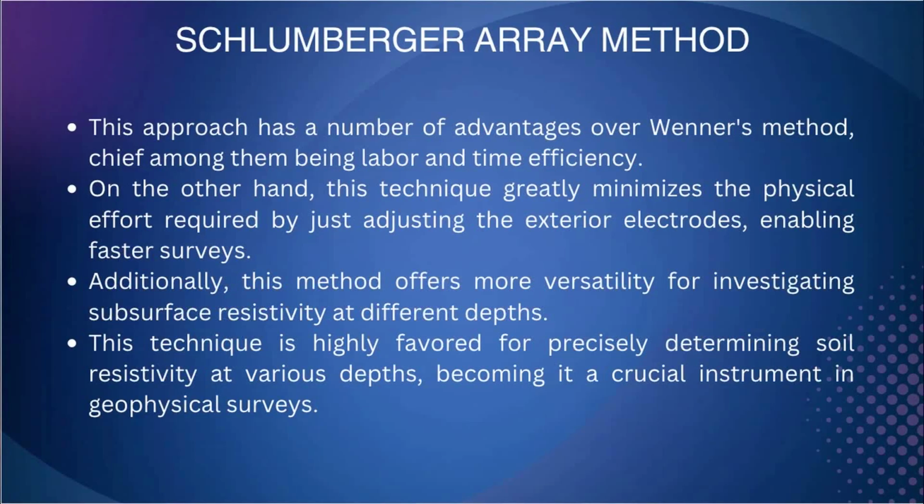Practitioners may easily adjust the depth of measurement without completely reconfiguring the electrode array, by changing the space between the current electrodes. Consequently, this technique is highly favored for precise determination of soil resistivity at various depths.